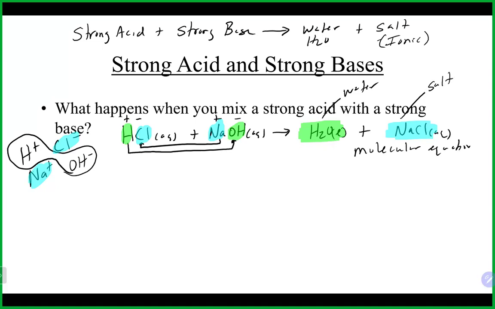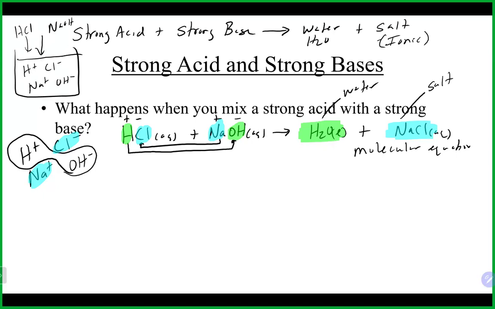First off, any questions on that there? So we can also, for a reaction like this, because it is a double displacement reaction, we could also write a total ionic equation of what's happening. So when you dump that HCl, which is a strong acid, and the sodium hydroxide into your beaker, because they are a strong acid and strong base, they are going to 100% break apart into our ions.